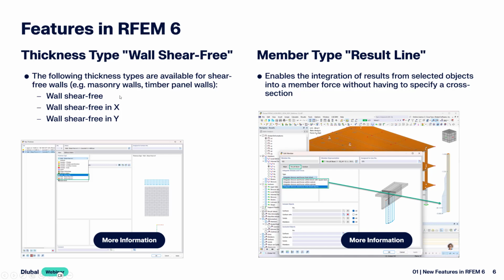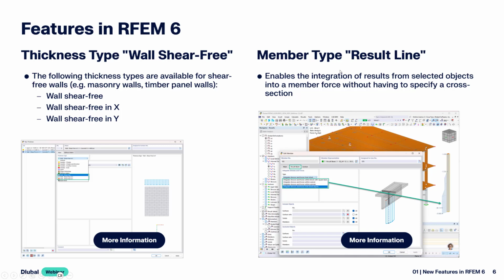If you want to use, for example, a masonry wall in a 3D model, and the system shouldn't be stiffened because of the masonry wall, then you can use such a wall shear free.